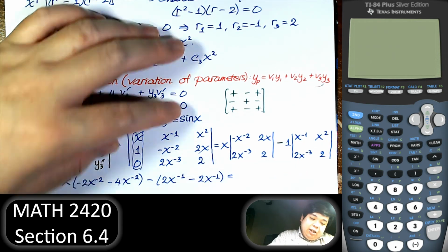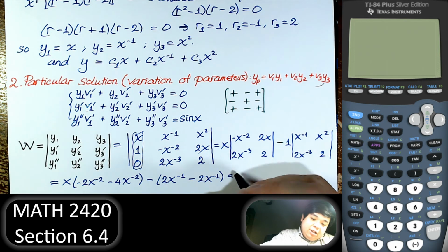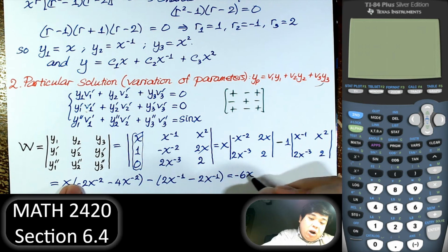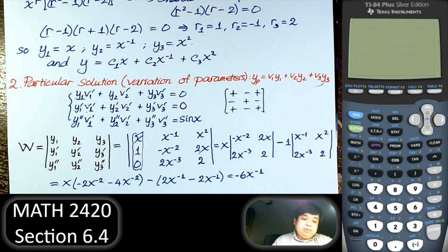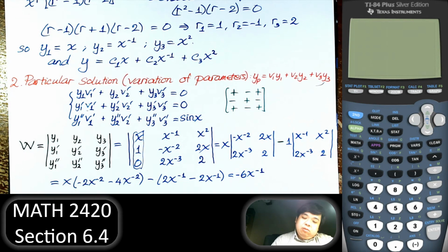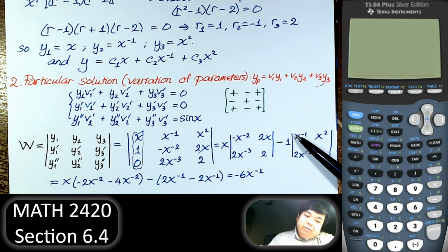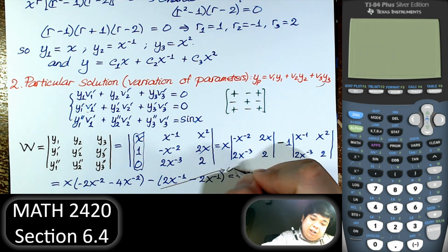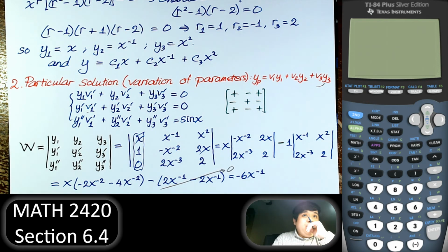So this is negative 6 x to negative 2 times x, and this is 2x to negative 1 minus 2x to negative 1. Well, that cancels out, so that turned out to be not that bad.